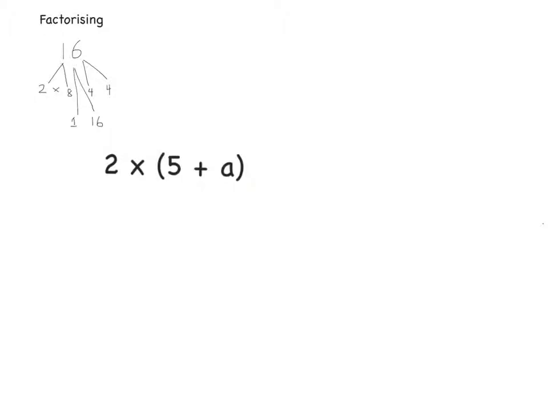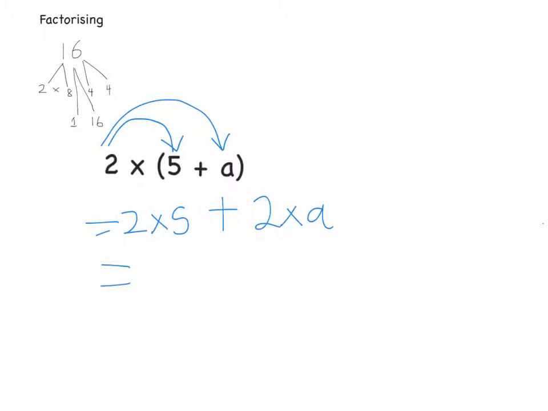If we expand this out, we know that we go 2 times 5 plus 2 times a, which equals 10 plus 2a.